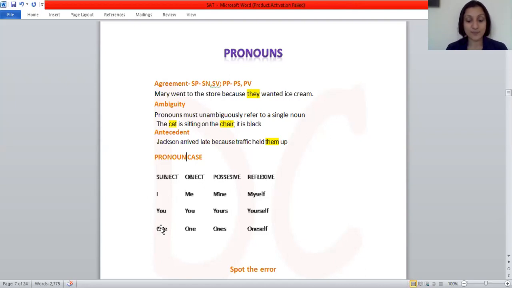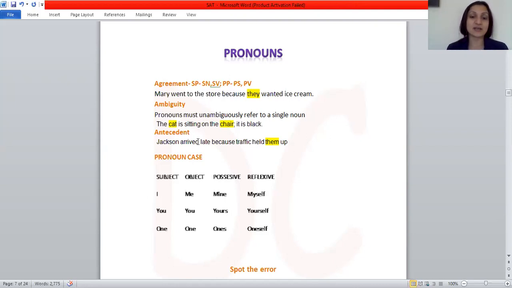If I want to say me, I will say movie was seen by me. But in case of you, I will say you went for the movie. Movie was seen by you. So both the places, it's you. Possessive reflexive, again, it's not too much tested, but the thing you have to know is you cannot use possessive and reflexive as the subject of the sentence.